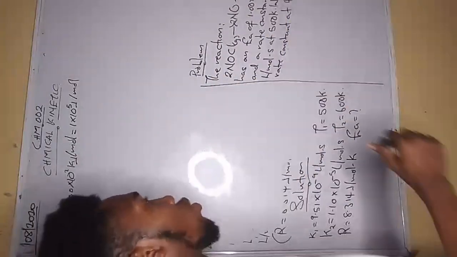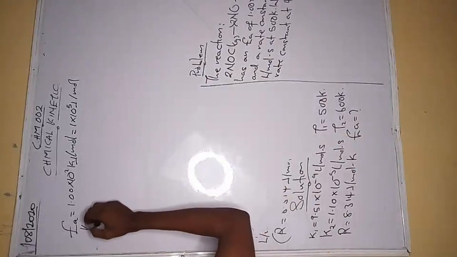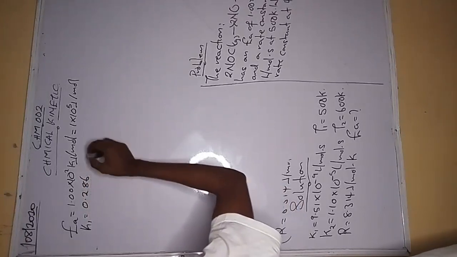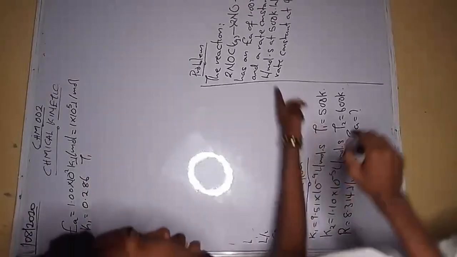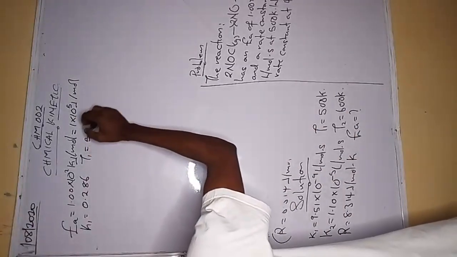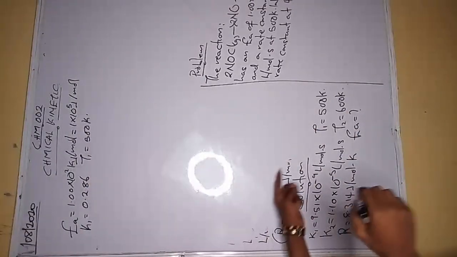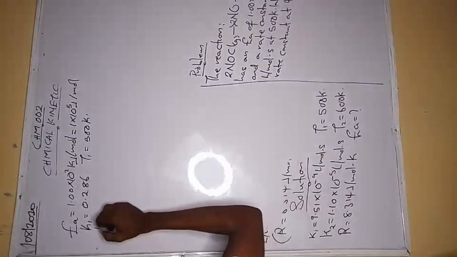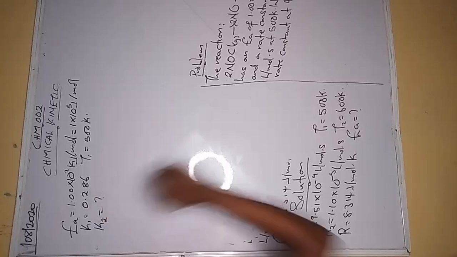Then they said the rate constant of this, so that's our K1, the rate constant K1 of 0.286. And what was the temperature at that time? At 500 Kelvin. They also now said, what is the rate constant K2 at 490 Kelvin?